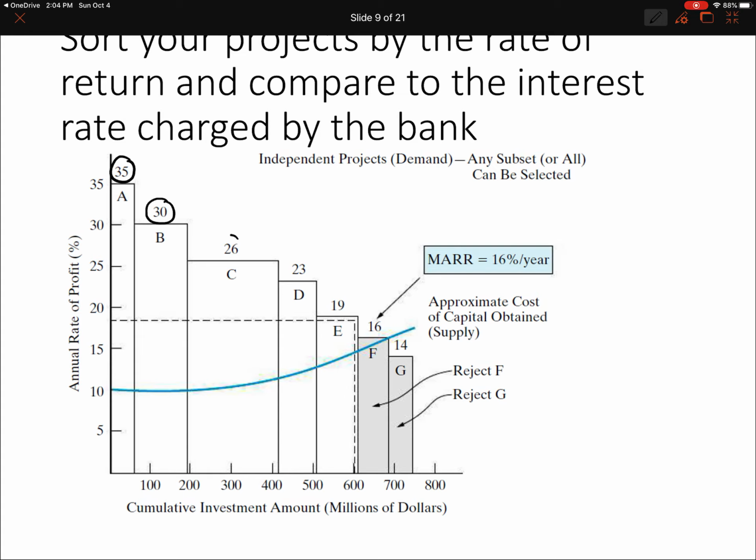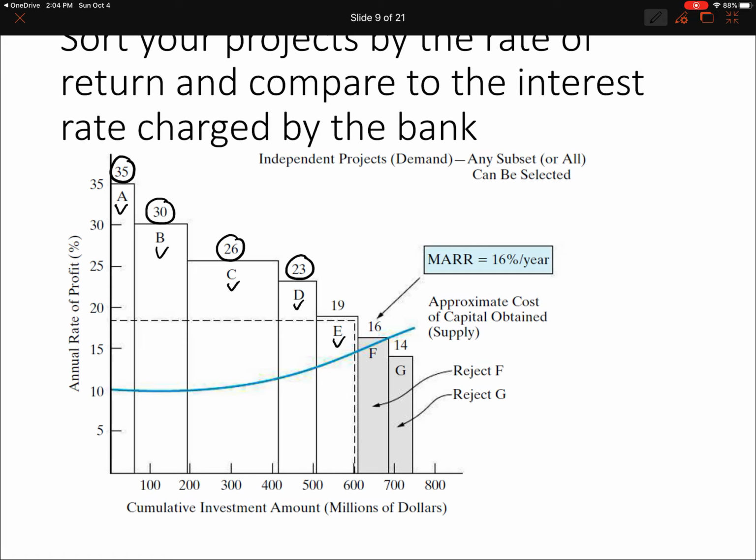The highest rate of return goes first, and project B, with a lower rate of return, goes next, and then C, and then D. They are prioritized by their rate of return from the highest to the lowest. Then you have this blue curve, which is the curve of interest, the interest rate you want to pay back to the bank.